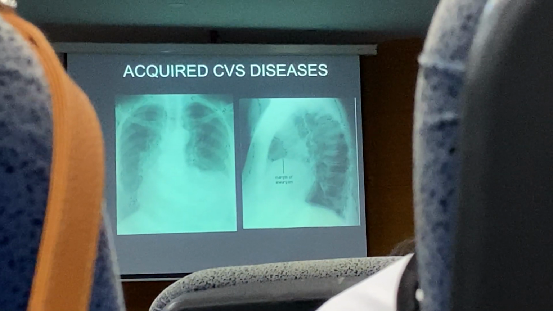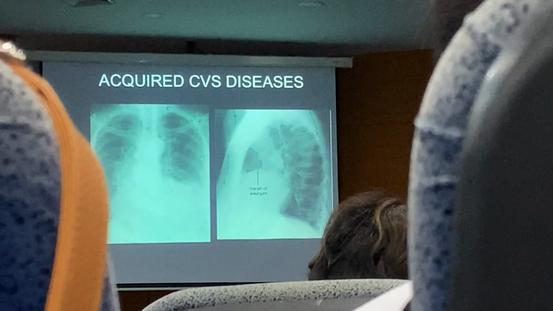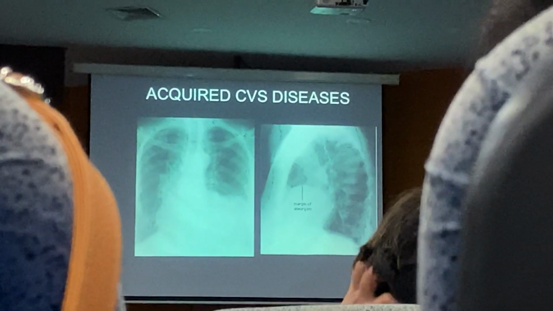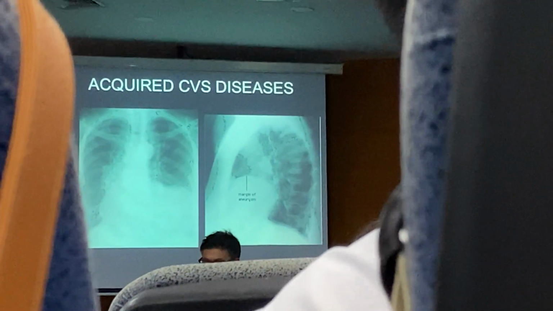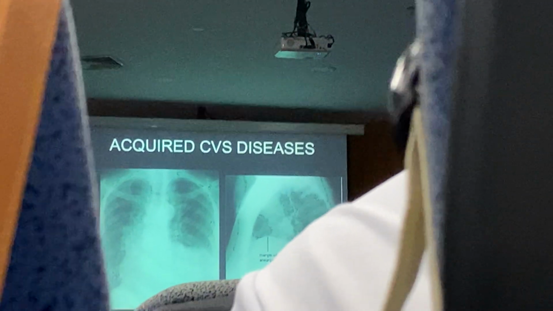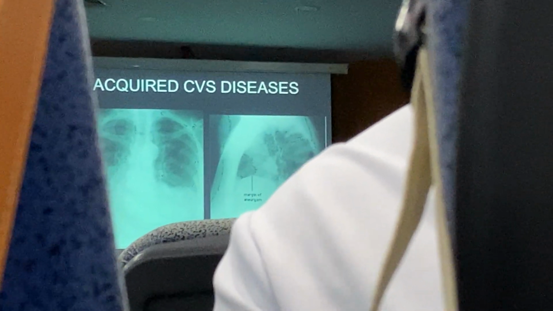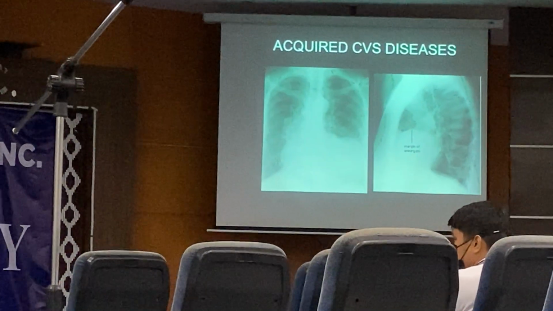Now, what will you be thinking of? Narrow down your differential diagnosis. It's not pleural effusion, so what can it be? Mass. If I'm going to have a wild guess, I'll be thinking of a mass first rather than a left ventricular aneurysm. So now, to confirm your diagnosis, what would be your next request?